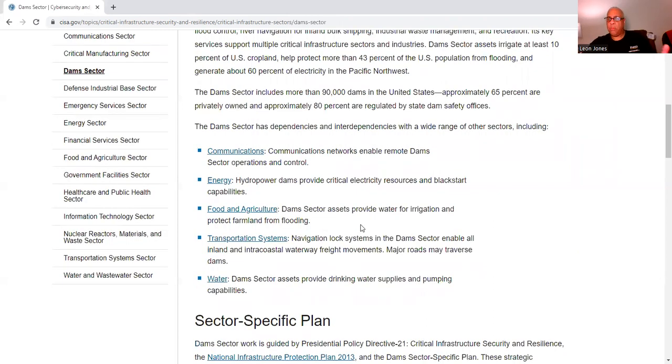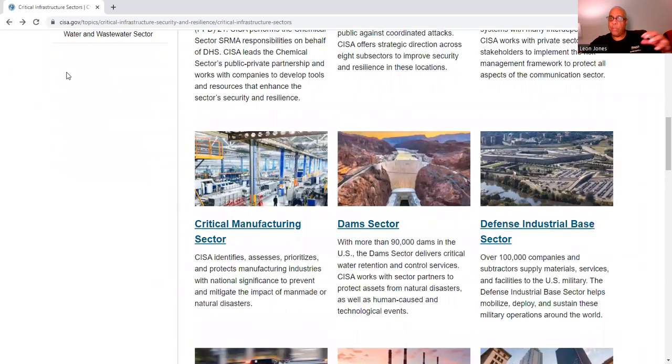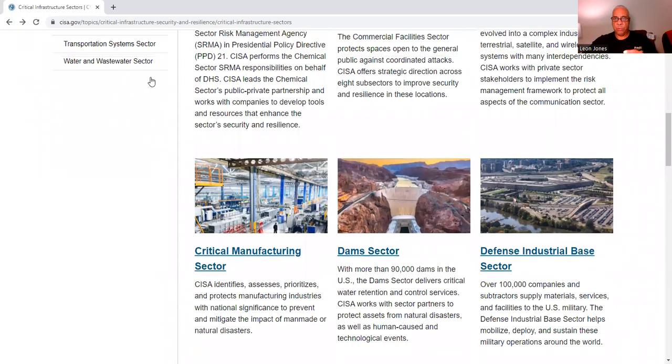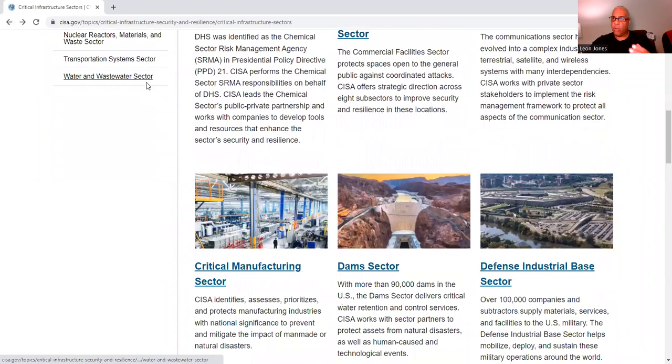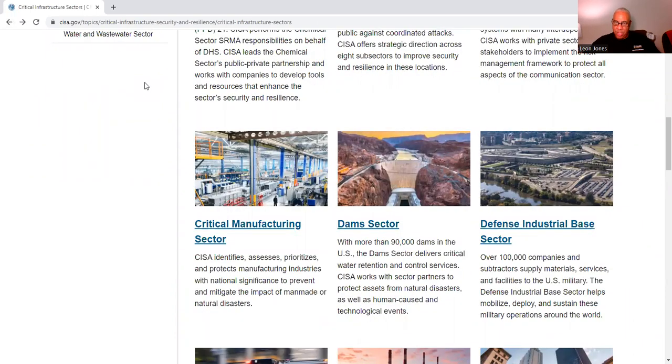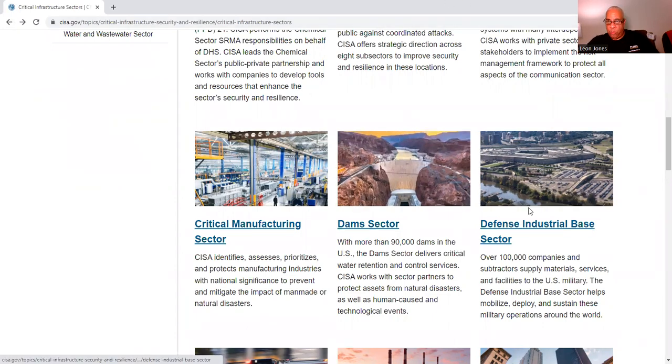Basically, when we deal with dams, energy or hydroelectric power, that's what you use dams for. Also, you can use dams for pumping capabilities, drinking water supplies. And some of those, like your communication sector and your dam sector, they go into energy and transportation. And those are other critical sectors of infrastructure.